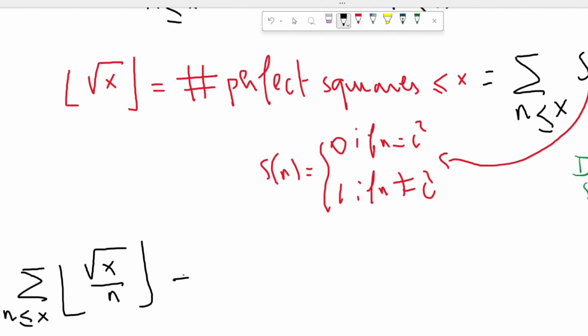Hence, this is equal to the sum as n is less or equal than x of the sum as n is less or equal than x of the floor of s of x over n.